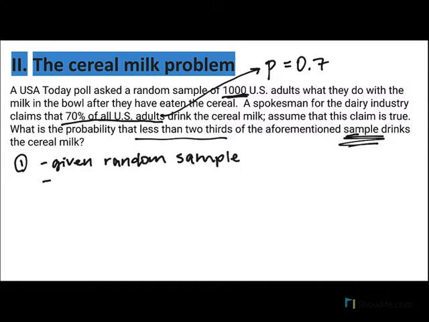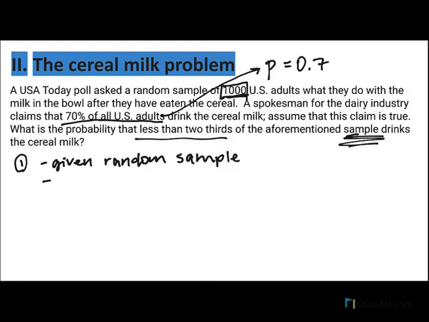Our second condition or assumption that we check is that we have independence between trials, or independence between each sample process. So because we are picking 1,000 adults probably without replacement, we do have to check this to make sure that our probability isn't changing significantly from one pick to the next, to the next, to the next.